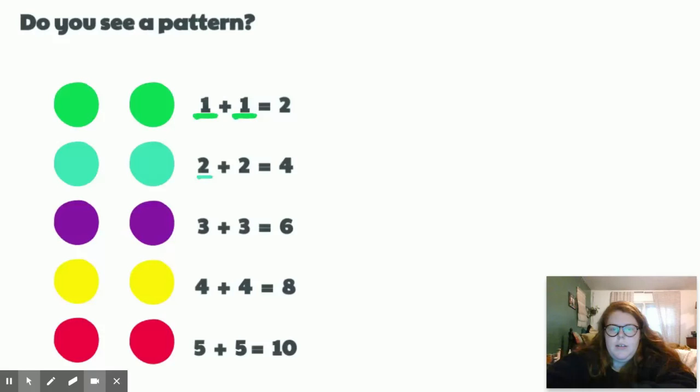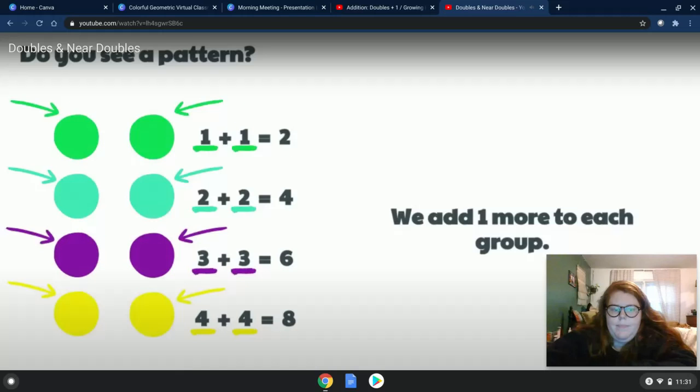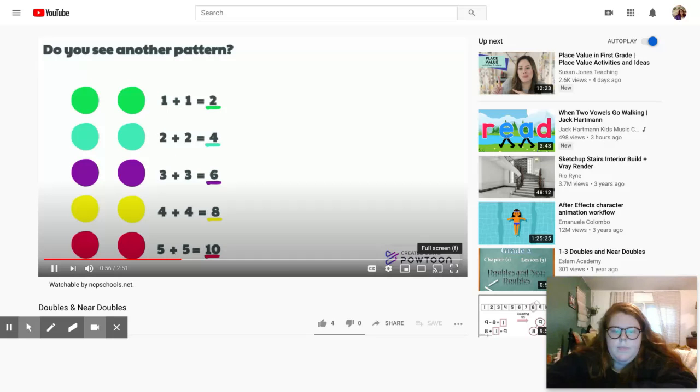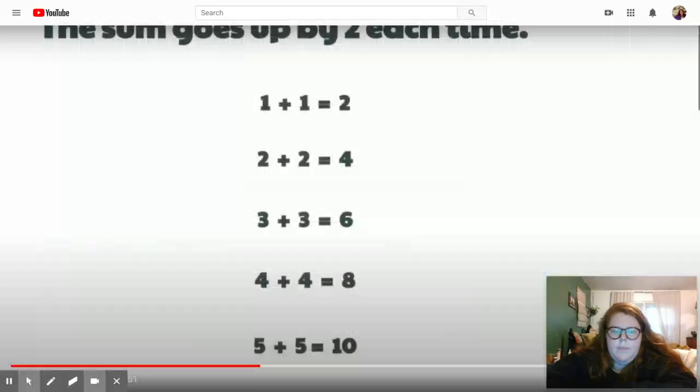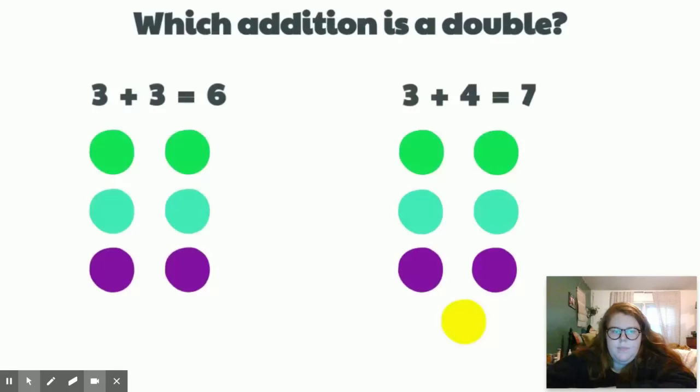We add one more to each group. Do you see another pattern? The sum goes up by 2 each time. 2, 4, 6, 8, 10. Which addition is a double? Which addition is a doubles fact?